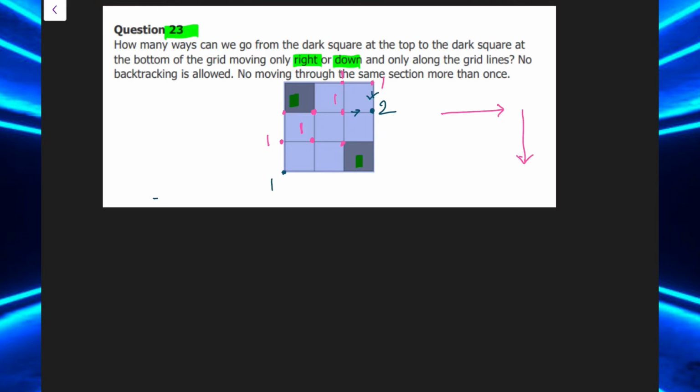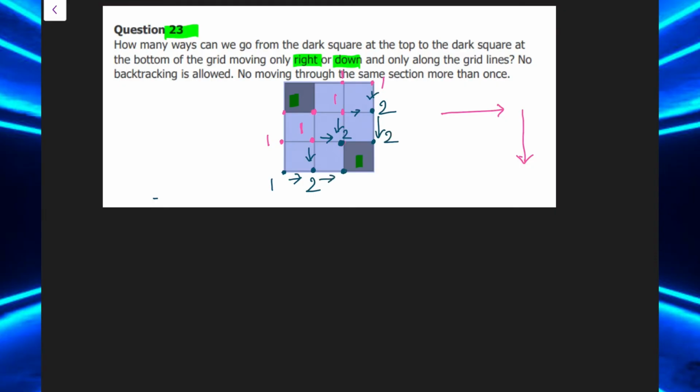And how many ways to reach here? This was also 1. How many ways to reach here? Now you can come down from here or go from this way. So this is 2 ways. And now to reach here, you can come down from here or go from here. So that is again 1 plus 1, 2 ways. But you can also reach it from here. You can go down here, that's 2 ways.